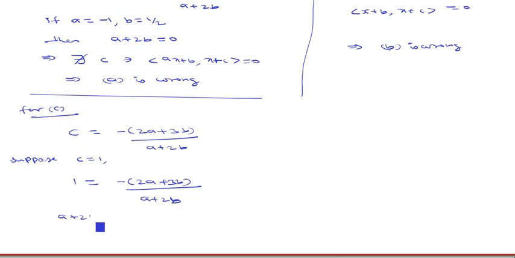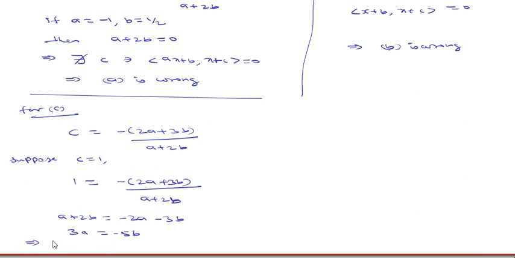So we will get A plus 2B equal to minus 2A minus 3B. We will collect A on one side and B on the other side. So left hand side will be 3A equal to minus 5B. Okay. So therefore there exist infinitely many A and B satisfying this condition. So therefore, option C is correct.